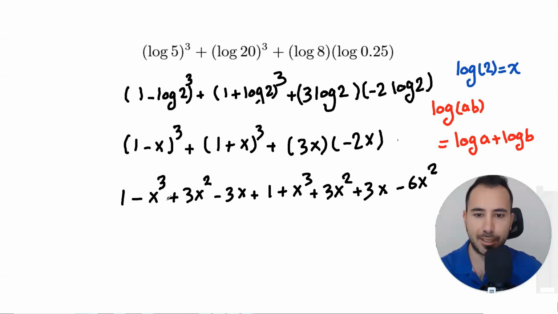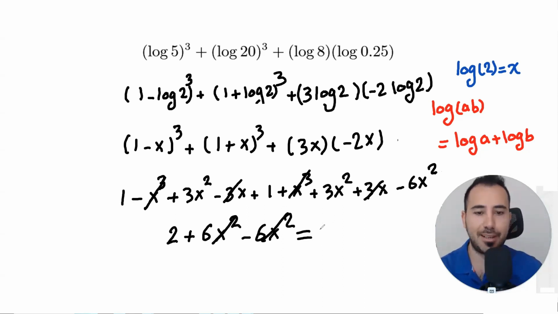Now let's cancel. This one will be canceled by this one, and this one by this one. So we get 1 plus 1, which is 2, plus 6x squared minus 6x squared. As you see, these two cancel, so what remains is just 2, which is the final answer to the question.